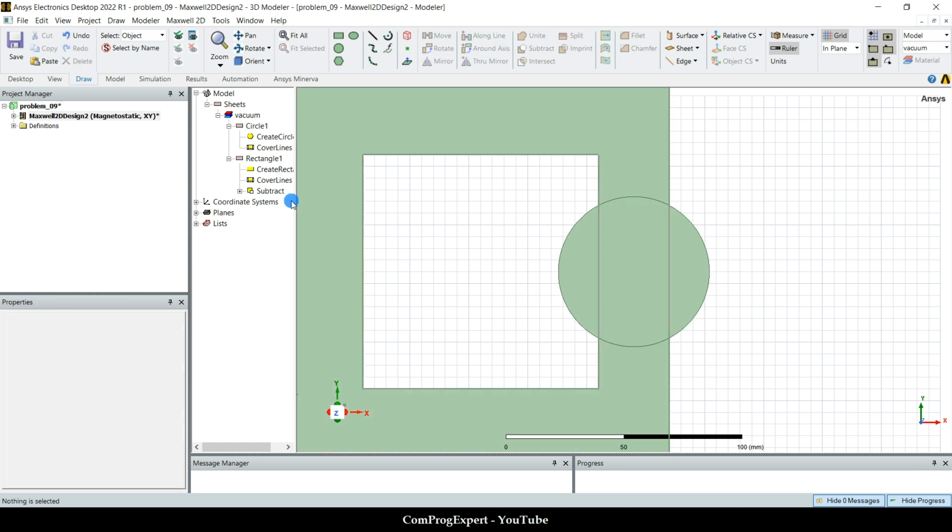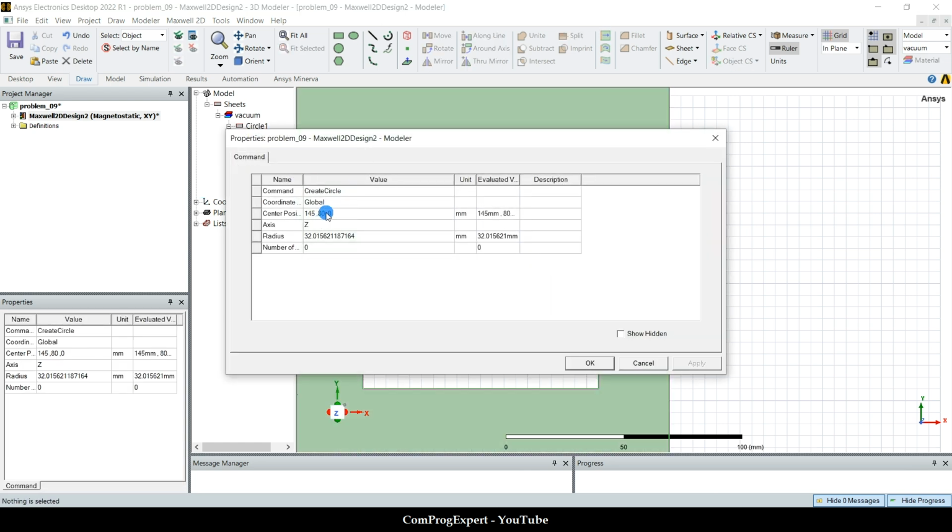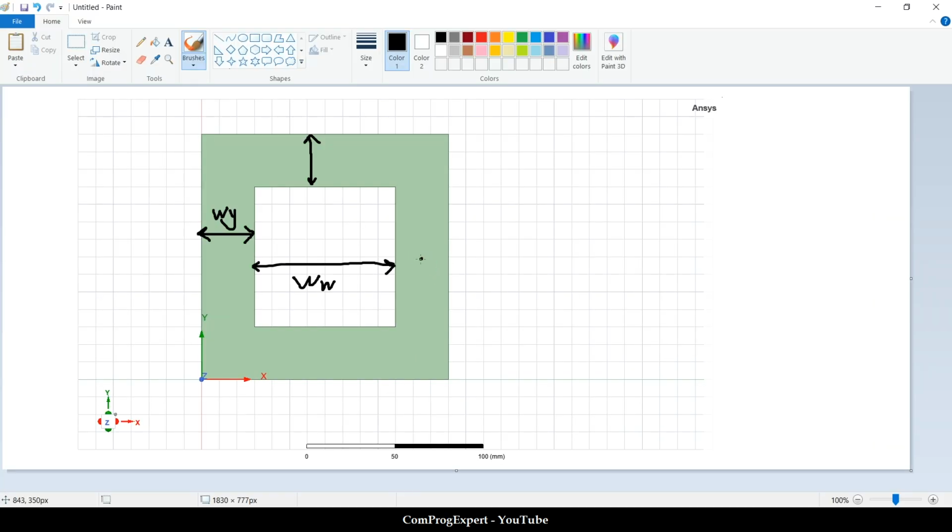First, let's change dimensions. The center point of this circle, the x coordinate, must be in the center of this limb. You know that the distance of this point from the origin, the x distance, is width of yoke plus width of window plus 0.5 times width of the yoke.